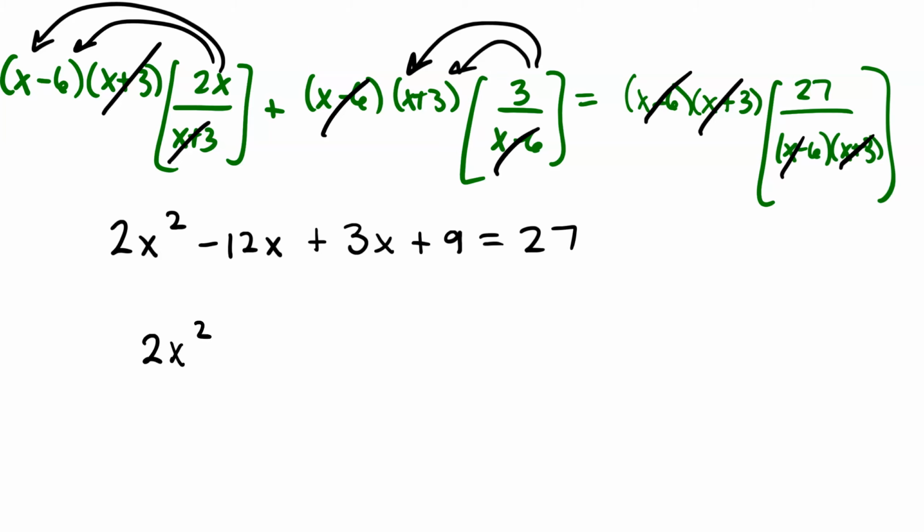So 2x squared minus 9x minus 18 equals 0. Okay, we'll pause there. Make sure we're all here. If you're here already, guess what we're going to do? We're going to solve, so go ahead, factor that out. Give it a moment before I factor.